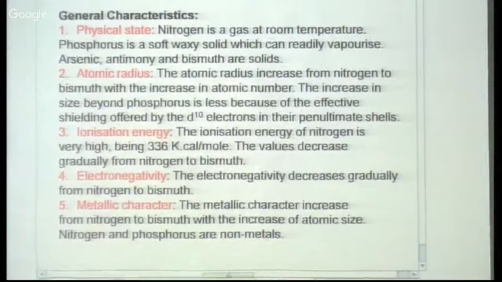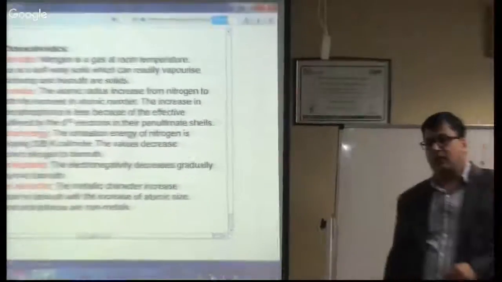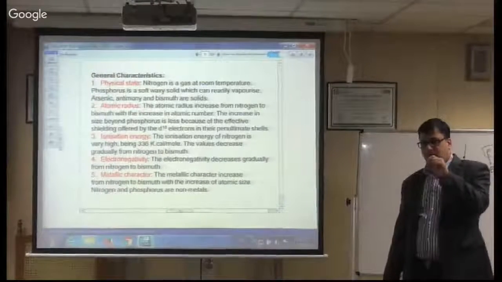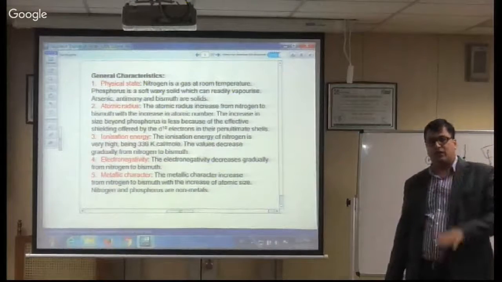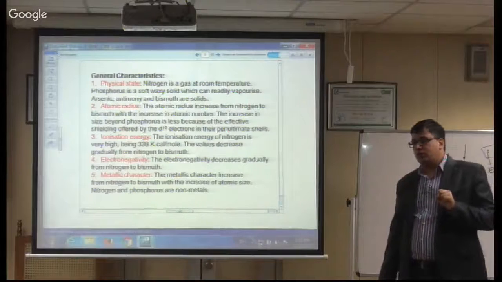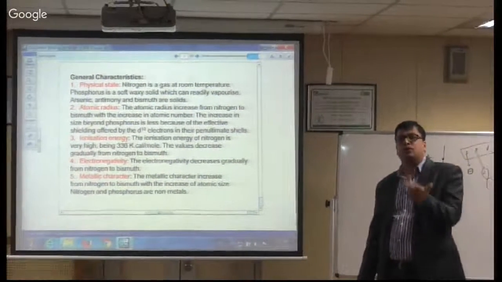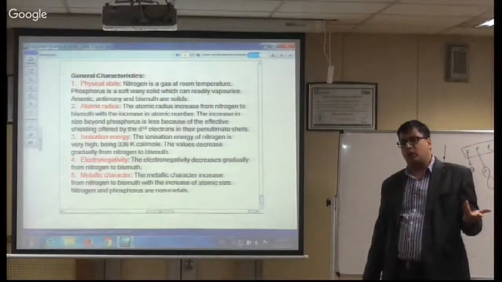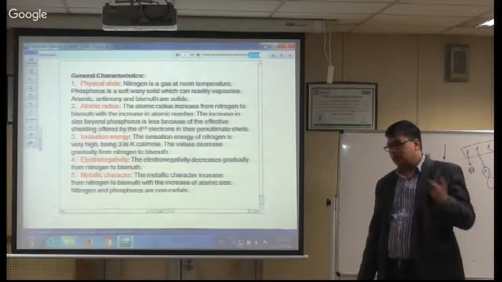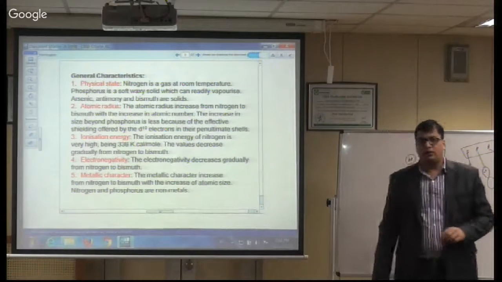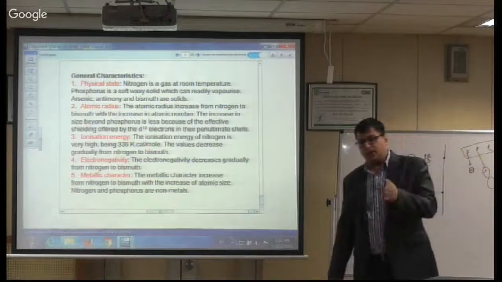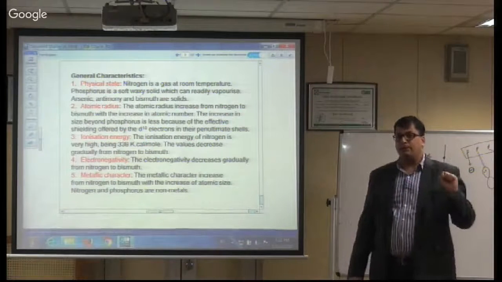So in nitrogen, if you look at all the reactions, it is always in the negative oxidation state rather than the positive. It wants to gain 3 electrons to complete the octet. It never loses 3 electrons. Only in terms of oxides or fluorides does it lose electrons, right? So nitrogen is the third most electronegative element of the periodic table. Only oxygen and fluorine can accept the electron from nitrogen.